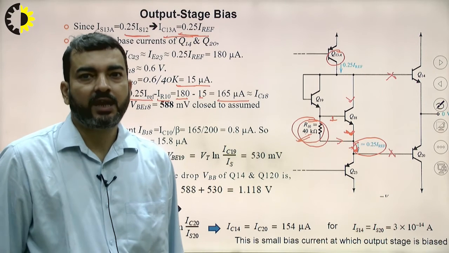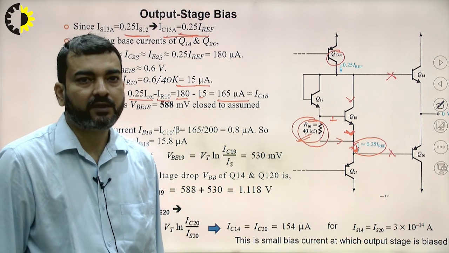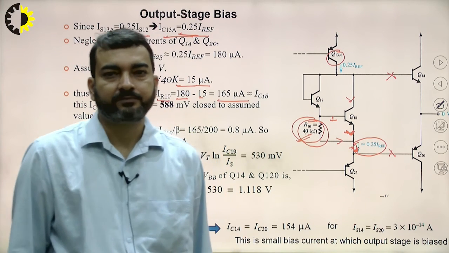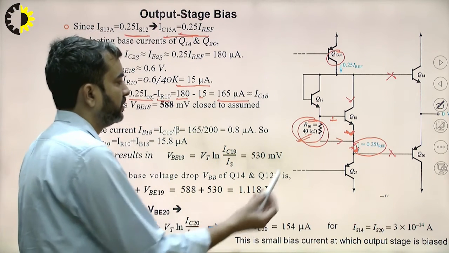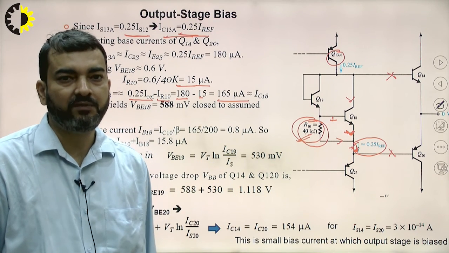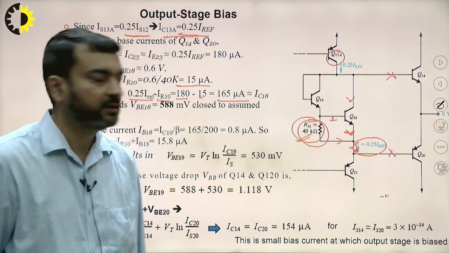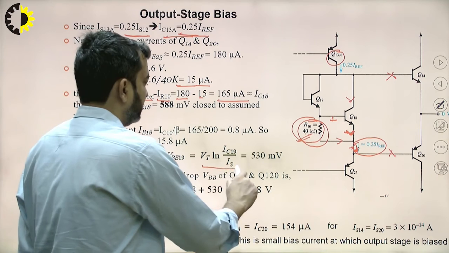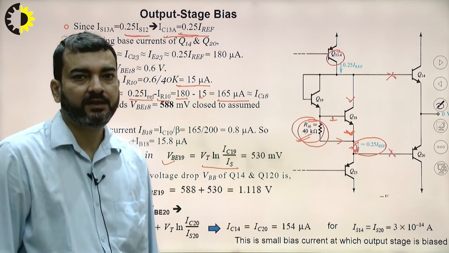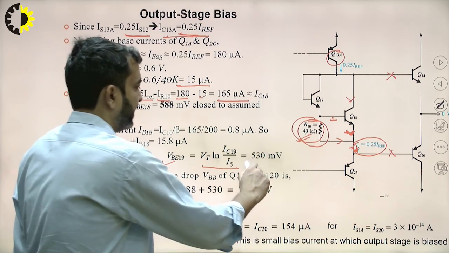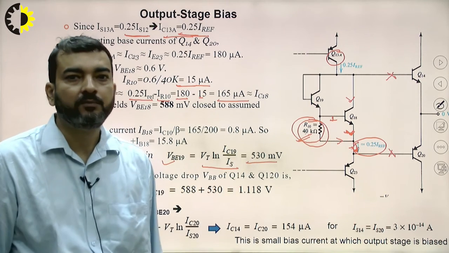Now we have to calculate the collector current of transistor Q19, so we apply the same formula: VBE19 is equal to VT natural log IC19 by IS. In this way we get 530 millivolts.